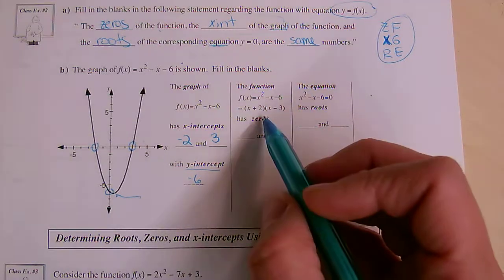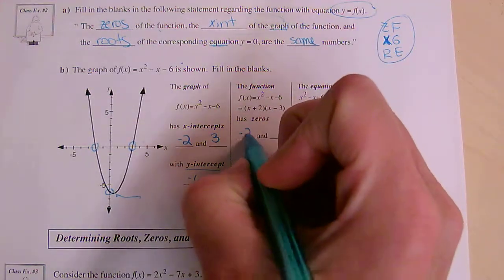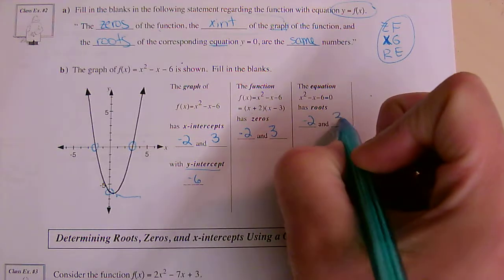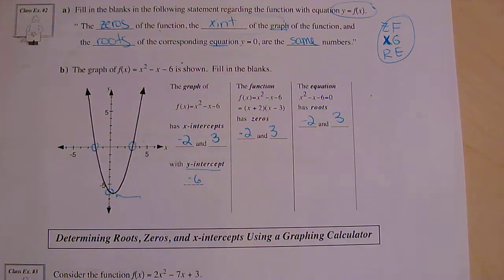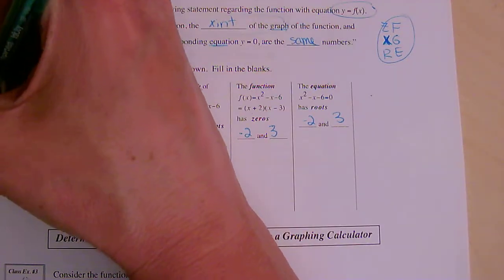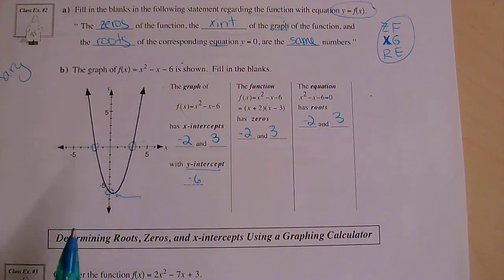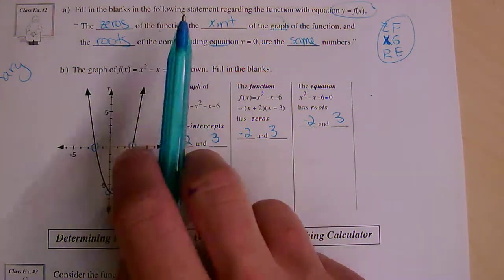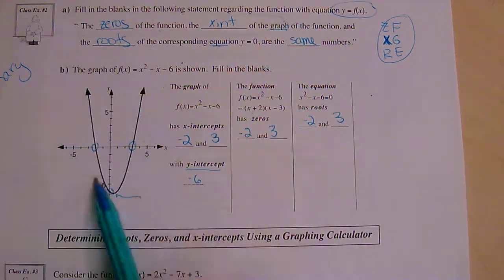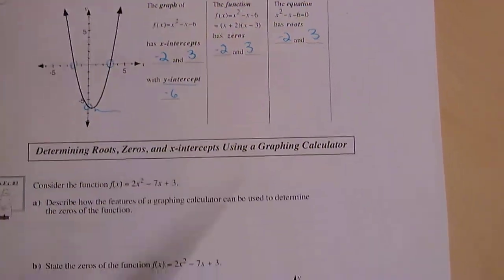This function here has zeros, of course, once again, -2 and 3, just like this has roots of -2 and 3. Okay? So this just kind of summarizes what we've talked about so far with regards to zeros, x-intercepts, and roots, from an equation or from a graph.